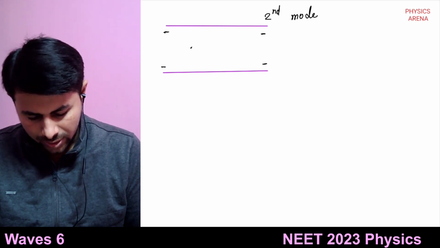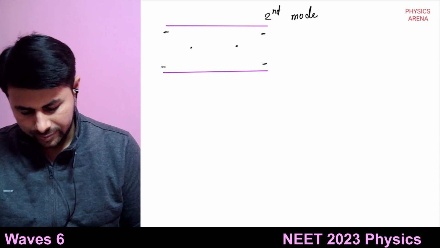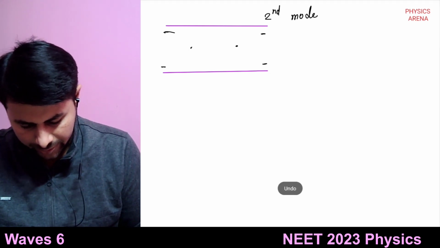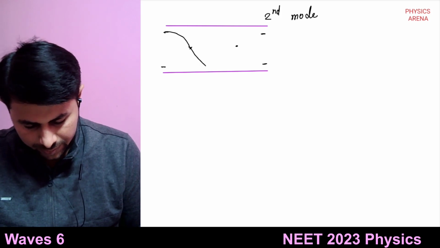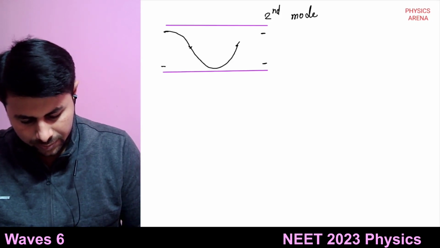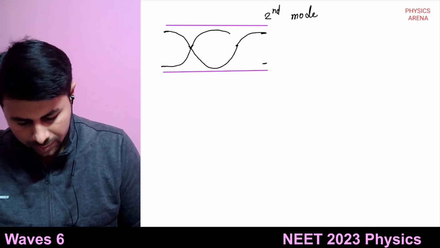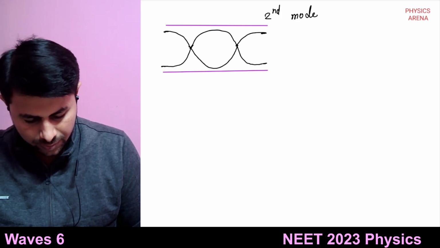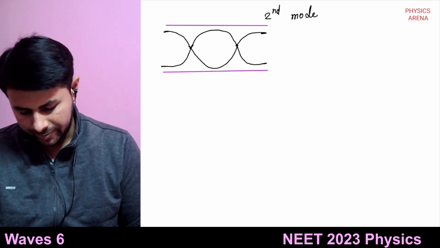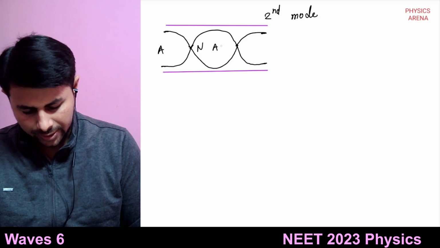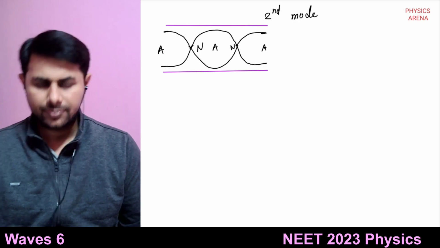Now a loop will get formed. Two nodes will get formed in between. So it will vibrate like this. This is an antinode, node, antinode, node, antinode.